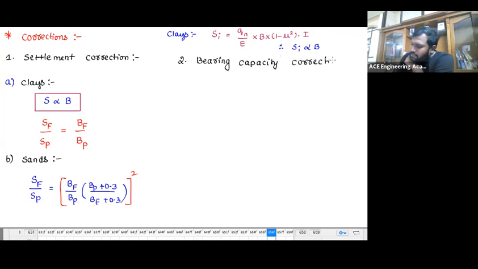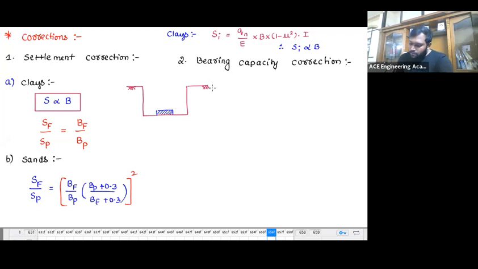Bearing capacity correction. So what is this bearing capacity correction? Please observe, while I was doing a test in a test pit, this is a plate.